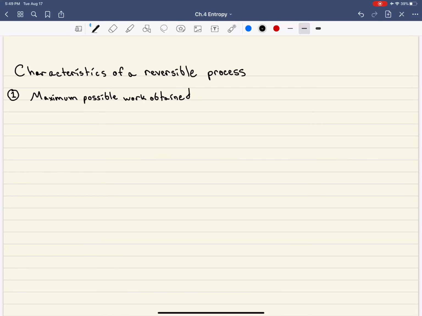Right? And so like we saw in that pressure versus volume diagram, in that forward process, you want the process in which the entire area underneath the PV curve is taken up.